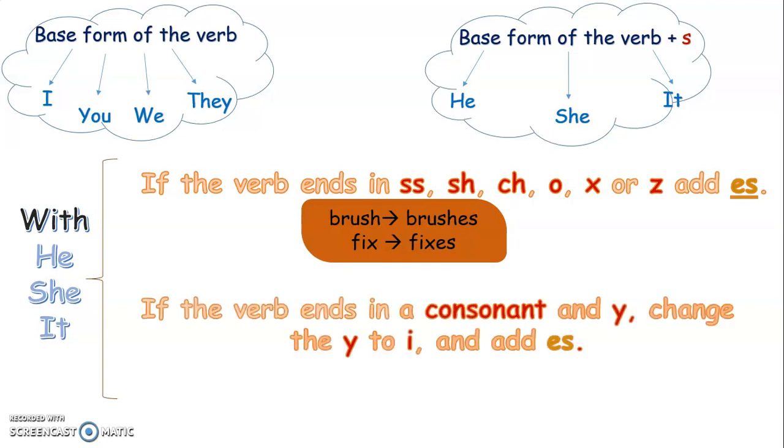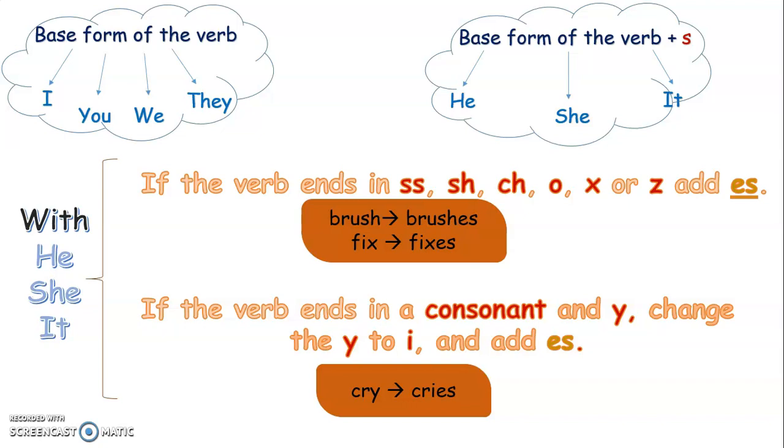If the verb ends in a consonant and y, we have to look at the letter before the y in the verb. If it's a consonant, we change the y to I and add es, like the verb fly becomes flies, cry becomes cries, she cries.